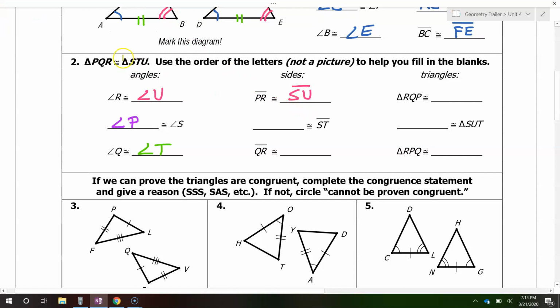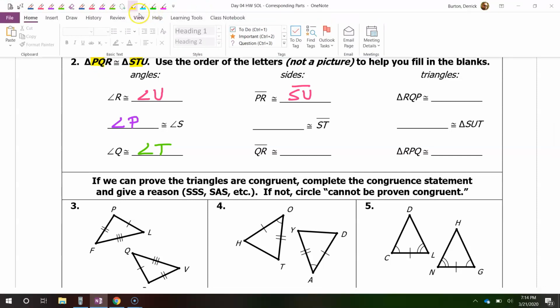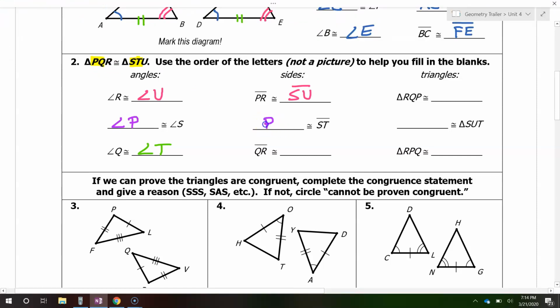Side ST is right here, and that matches side PQ. So side PQ is congruent to side ST. And then we get to side QR. QR is right here. That matches TU. So congruent to TU.